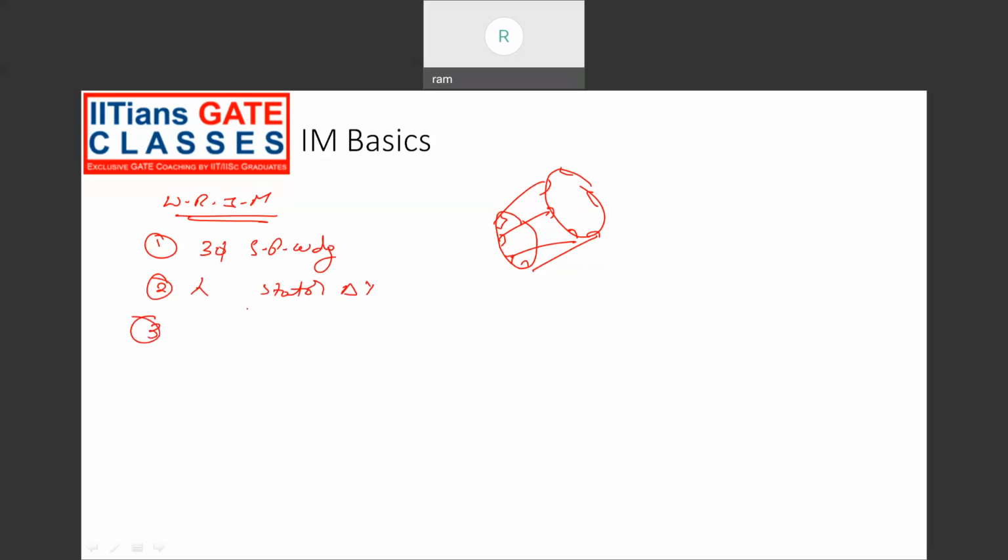Third point. Actually, the rotor impedance is high for a slip ring induction machine when compared to the squirrel cage. So what happens is it has high starting torque when compared to the squirrel cage induction machine.